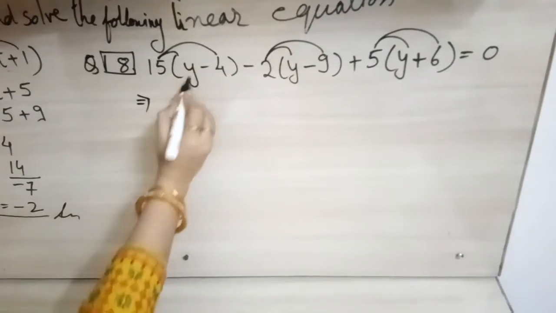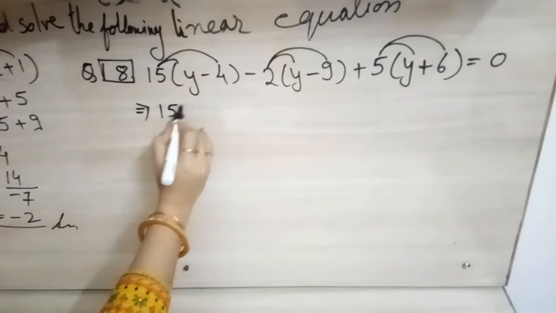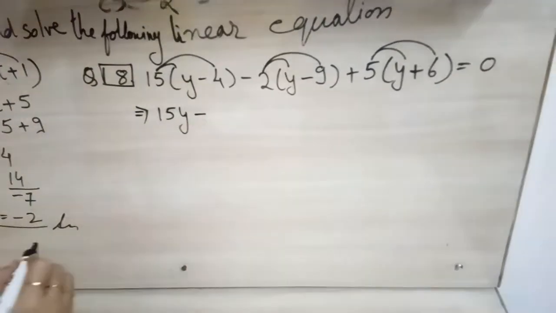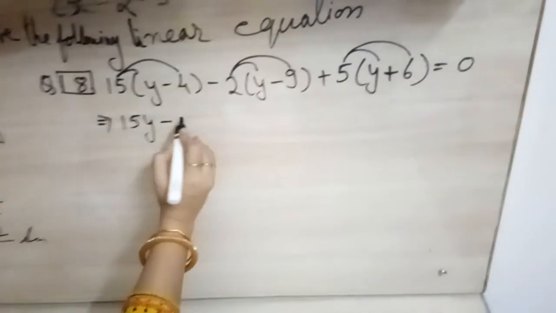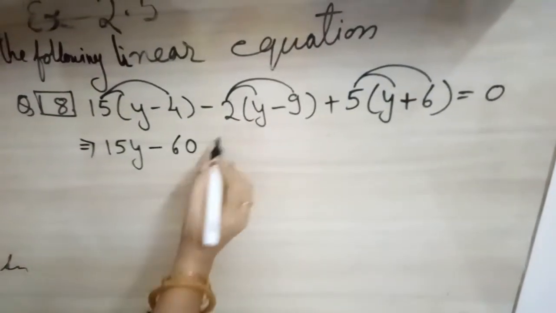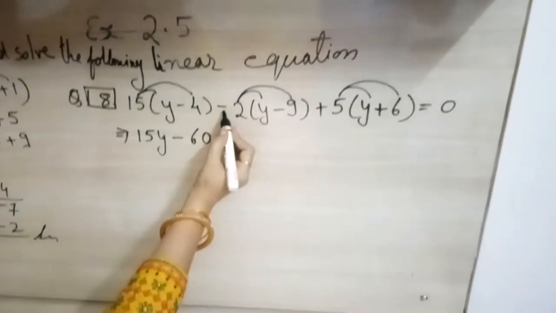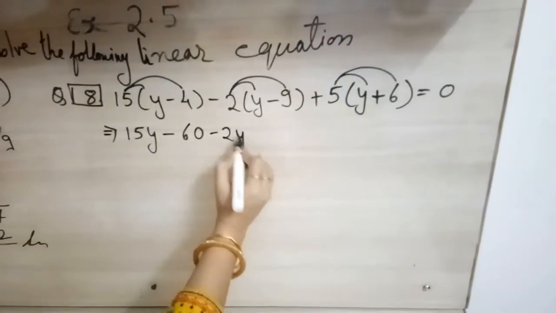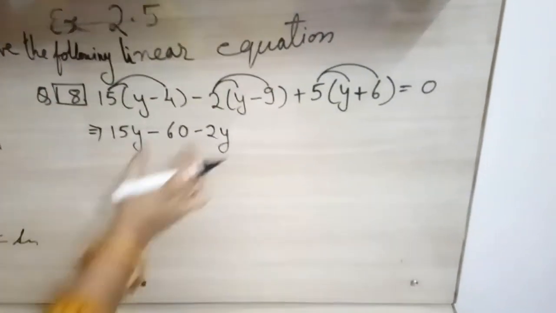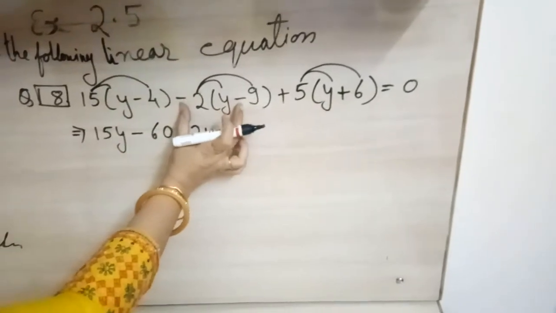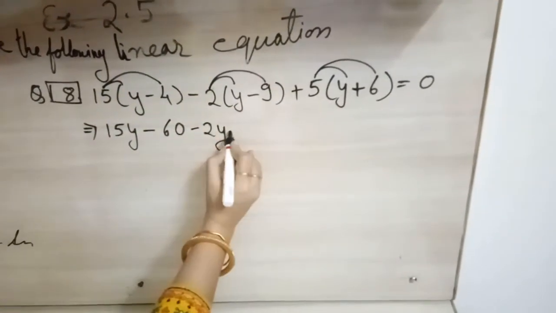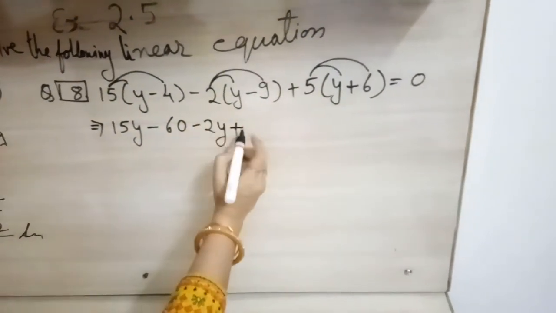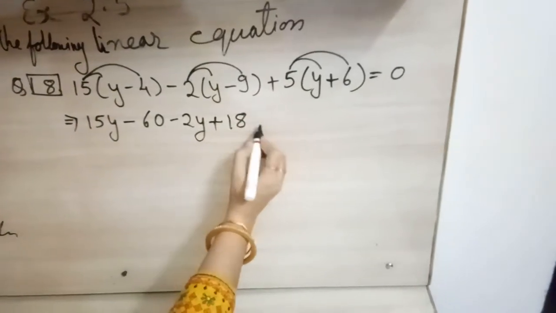So here 15 into y will be 15y minus 15 4s are 60. Here when we multiply, we will take care of the sign because this is a minus sign, so minus 2 into y will be minus 2y, and minus into minus will become plus, and 2 9s are 18.